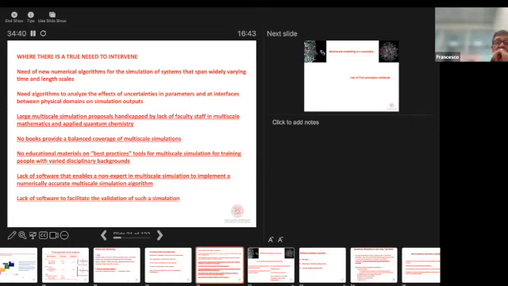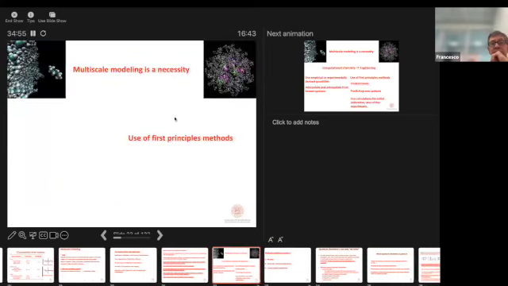There are no best practices for multi-scale simulations. And then even more importantly, sometimes we don't even know how to validate the new approaches that we're dealing with.